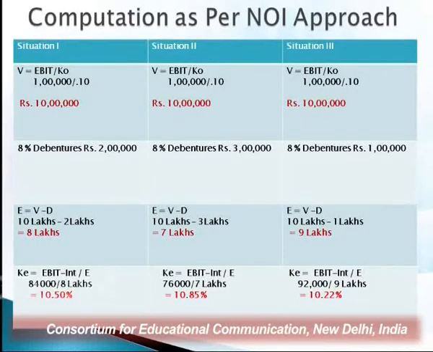So this is what NOI approach wanted to say. My dear student, NOI initially came up with this idea without taxation. There is no tax in NOI approach initially, right? Later on, they also introduced tax into their approach. That we'll discuss in due course of this lecture today, right?